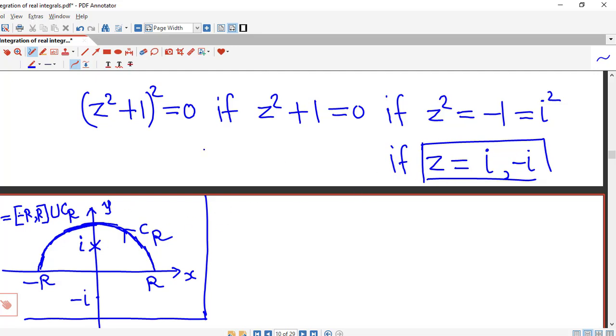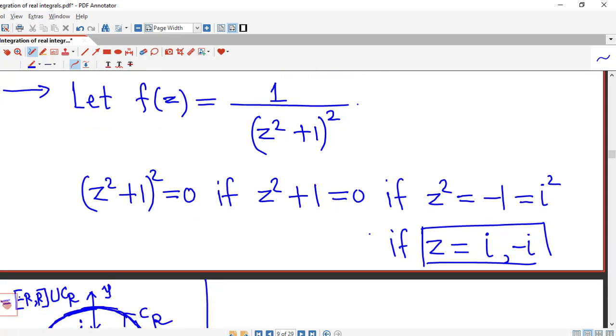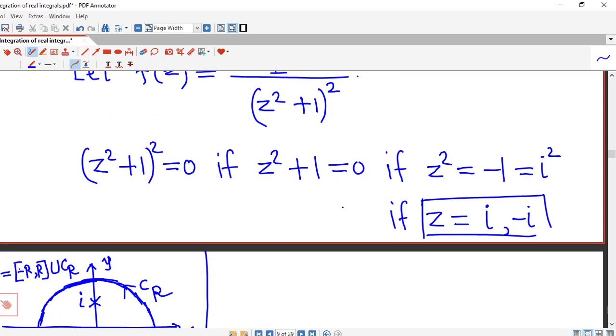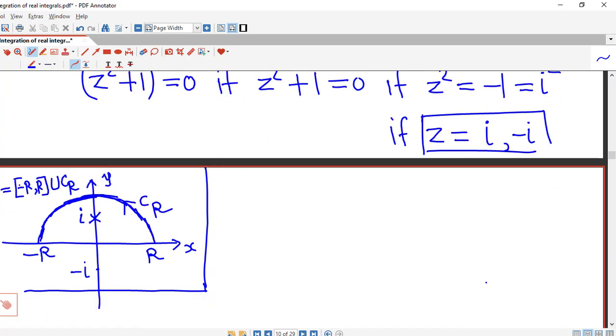Otherwise we have to calculate poles of f(z), and among those poles we have to find out which pole is in upper half plane. So here z equal to i is in upper half plane, so we will calculate residue of f(z) at z equal to i. Okay, this is just for understanding.